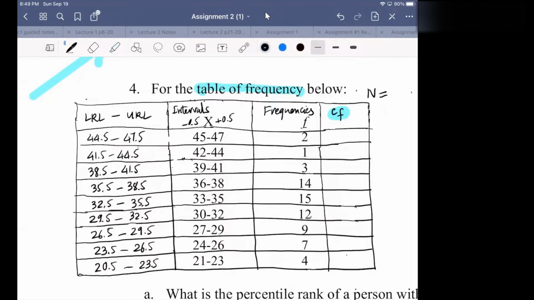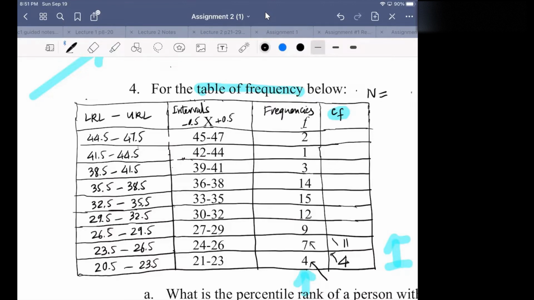Okay. Next, we are going to find the cumulative frequencies. So to find the cumulative frequencies, we need to look at the frequencies. And you want to start from the bottom up. So the first cumulative frequency is 4, which is the same as the frequency. The next cumulative frequency will be 4 plus 7, which is 11.